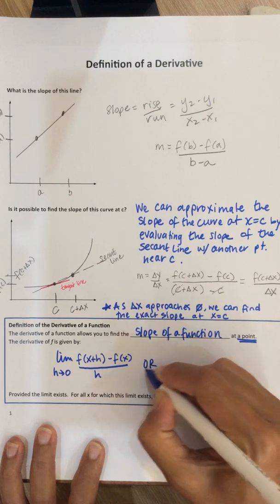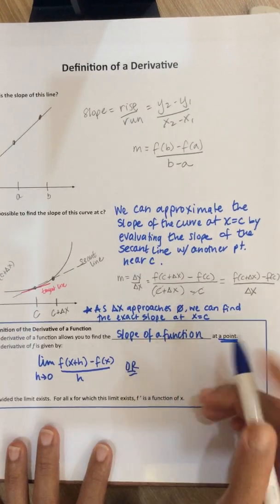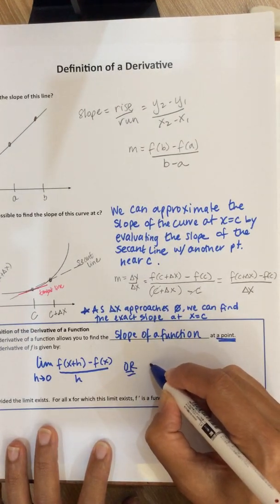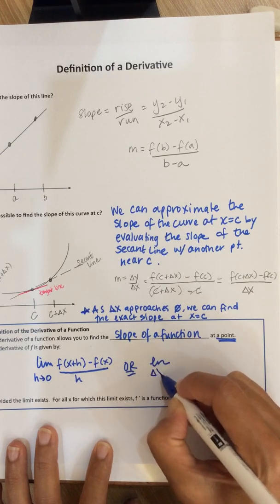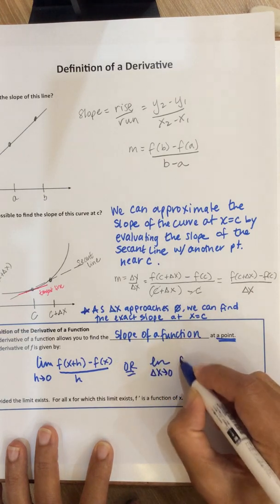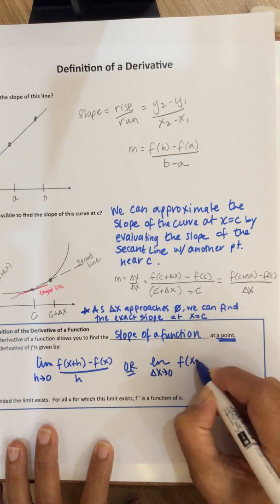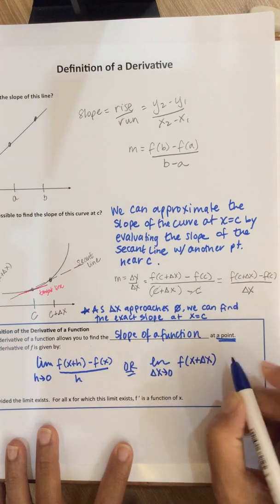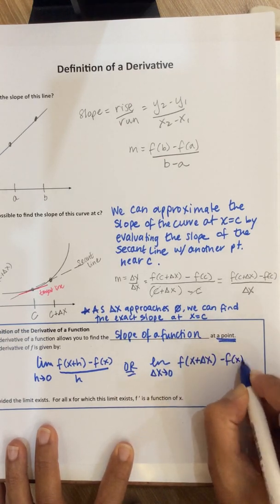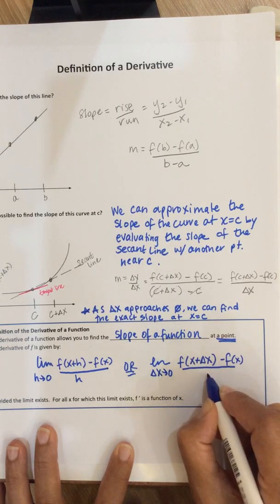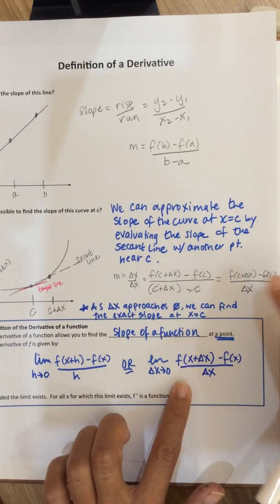It is the same as the definition we put up here, which is the limit as delta x approaches 0 of f of x plus delta x minus f of x, over delta x. So this is the definition we found up here.